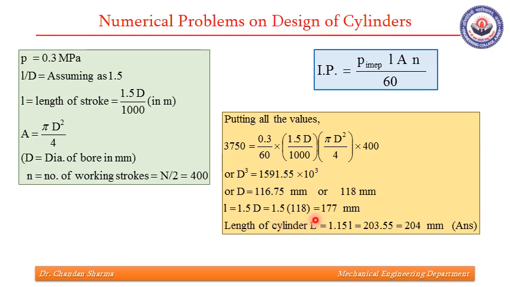So length of cylinder L will be 1.15 times length of stroke, that is 203.55 mm, or you can say it is 204 mm. So our answers for the given question are: we found D as 118 mm and length of cylinder as 204 mm.